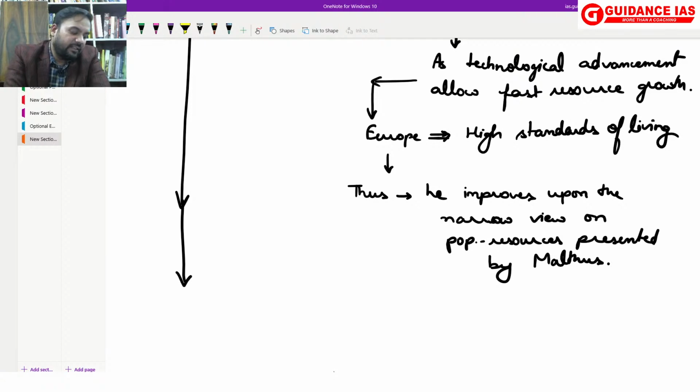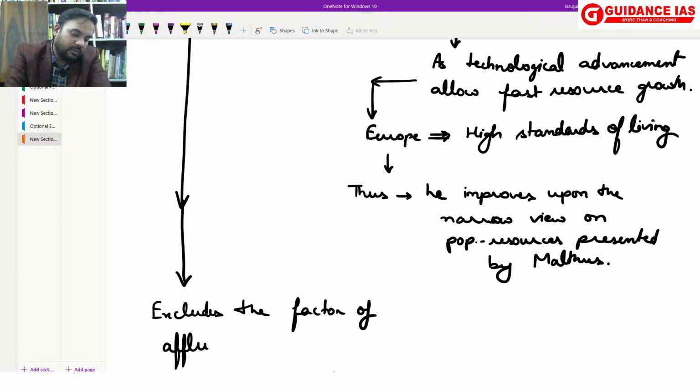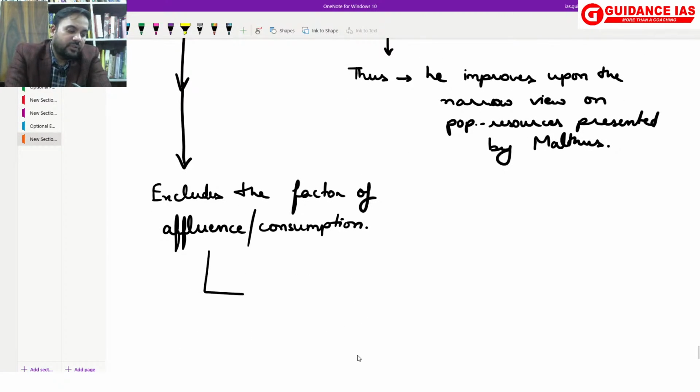Can we say that he excludes the factor of affluence or consumption? ठीक है, affluence or consumption.